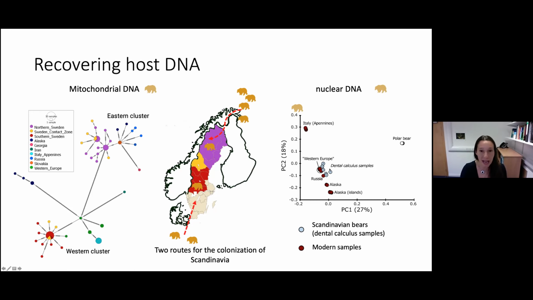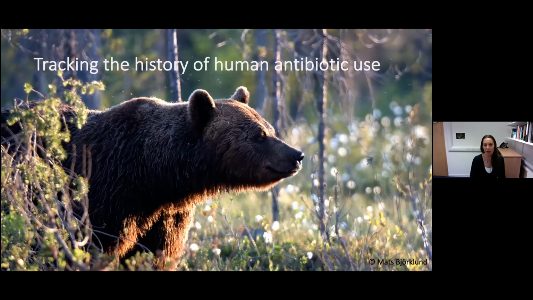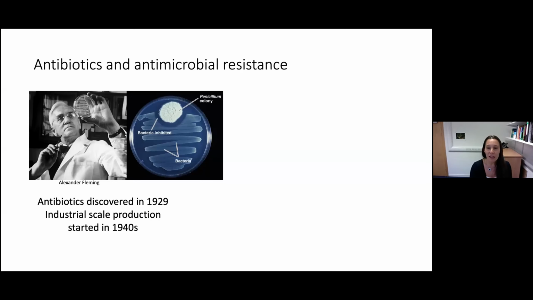Right, and with that, I will jump into the first study that I wanted to present today, and this is a story of how we use dental calculus to track the history of human antibiotic use. First, let's recap what antibiotics and antimicrobial resistance are about. Antibiotics were discovered by Alexander Fleming in 1928 in a very strange way.